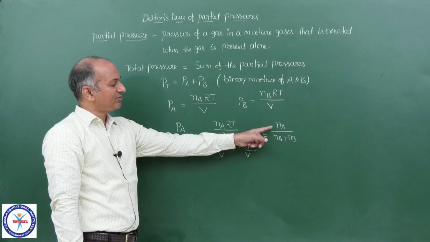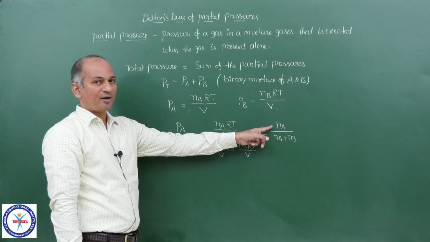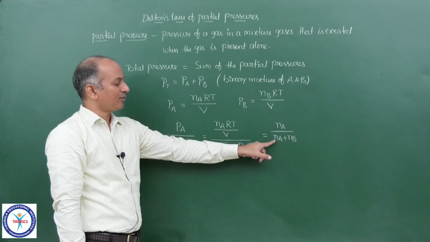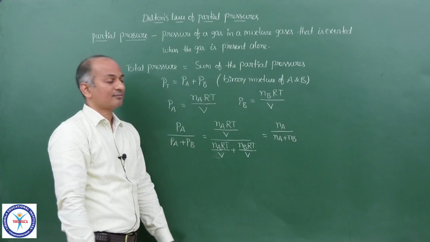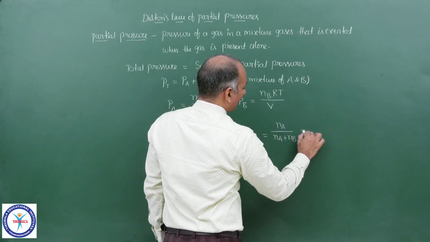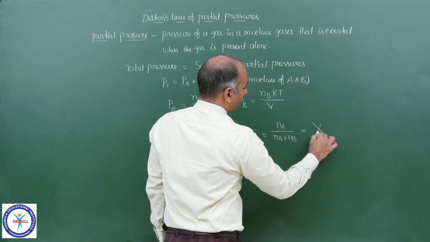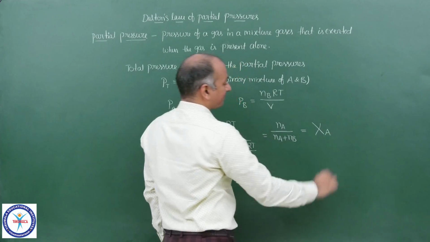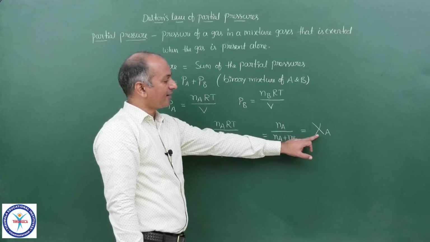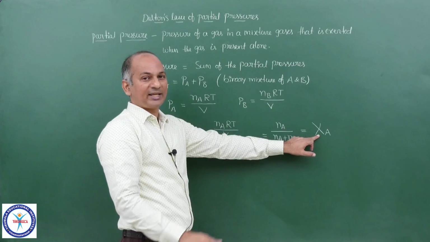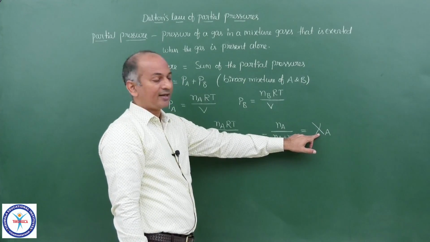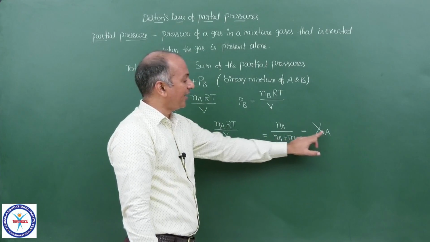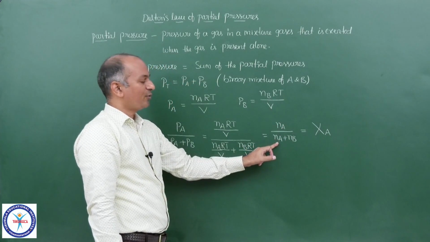And what is that fraction actually? Moles of one component upon total moles. It is called the mole fraction, and that is equal to the mole fraction of A. Actually it is a Greek letter chi. It almost looks like X, but it is actually chi, the Greek letter. So the mole fraction of A is moles of A upon total moles.